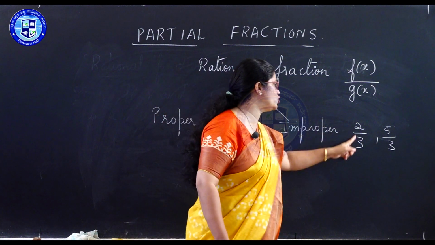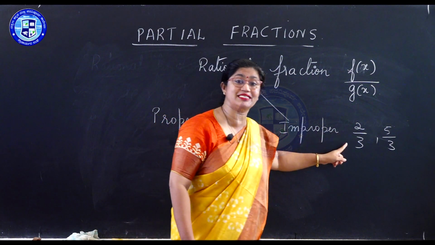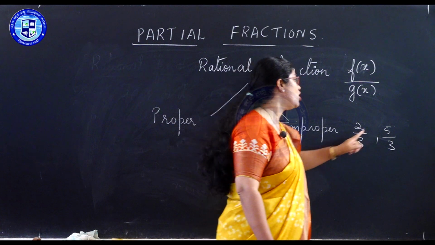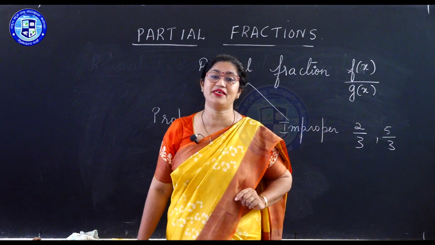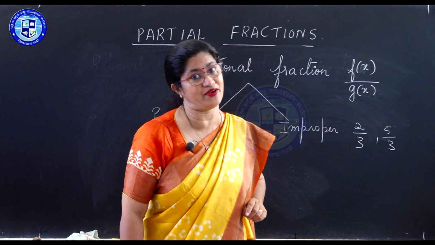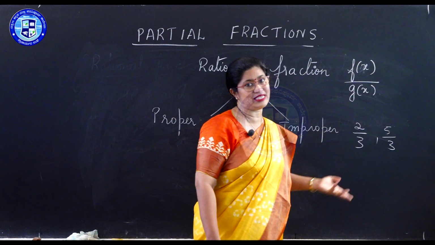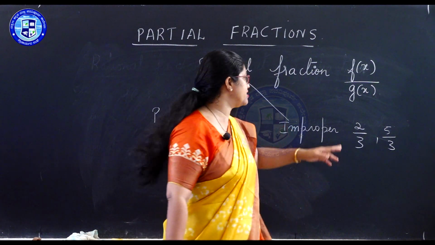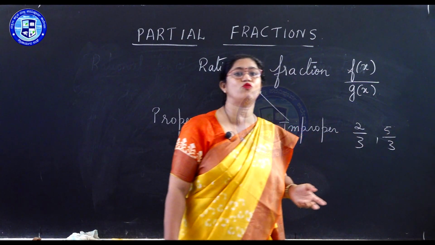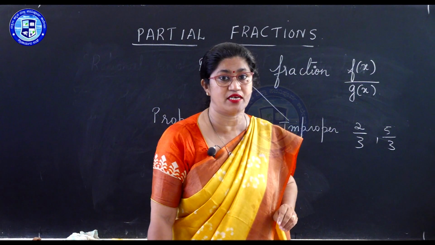When you look at this, you will immediately tell me this is a proper fraction, and you will look at this and tell me that it is an improper fraction. Why did you say proper fraction? Numerator was less than the denominator, and this was improper because the numerator was greater than the denominator.